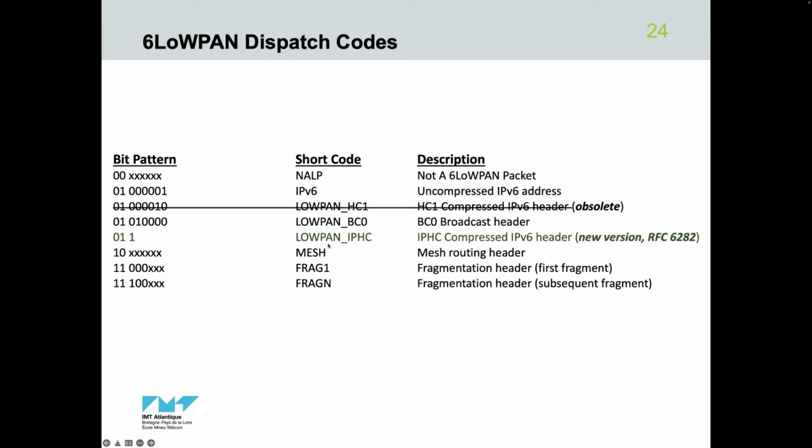Or when we have a compressed IPv6 header, here the dispatch should start with 011. So this indicates that we have a compressed IPv6. Then we have two dispatch types for the header fragmentation. So 11 and 3 zeros, this is for the first header, and for the subsequent fragments, we have 11100.